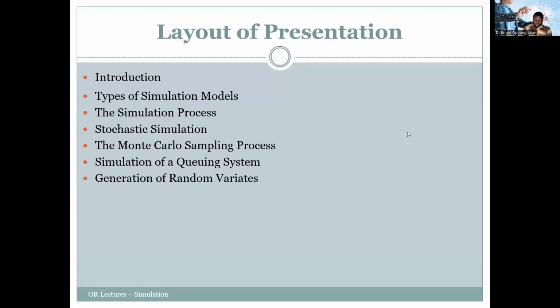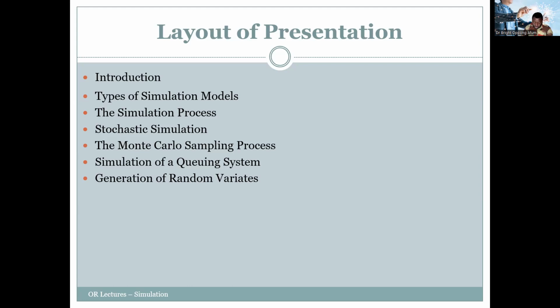The first part will look at introducing what simulation is, the types of simulation models, and the simulation process, how we go through the simulation process, or how most software is developed through it. Then we'll look at how risks are assessed using a stochastic simulation.